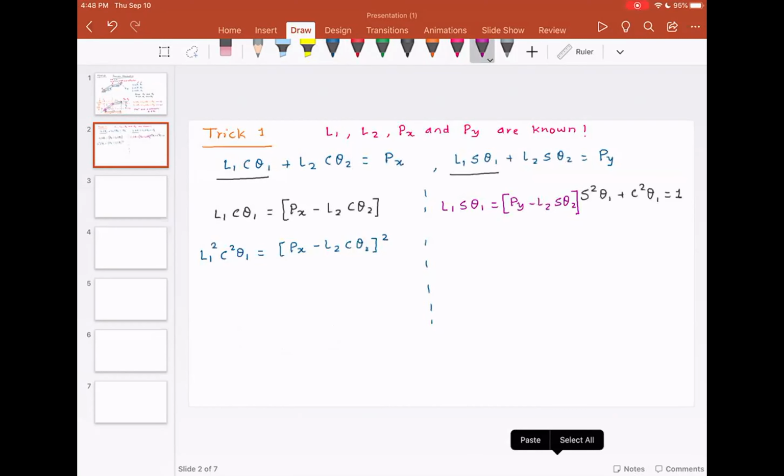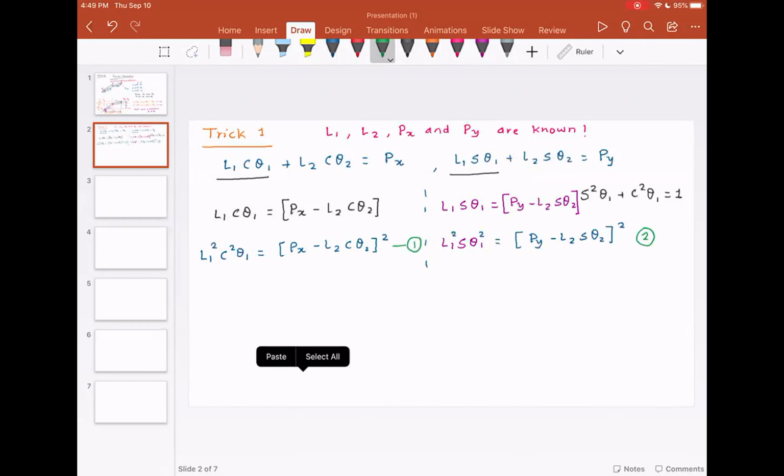Same thing here: L1 square sine square theta 1 is equal to (Py minus L2 sine theta 2) square. Now I have these two equations, and I want you to focus on them for a minute. I'm going to call these equation 1 and equation 2.